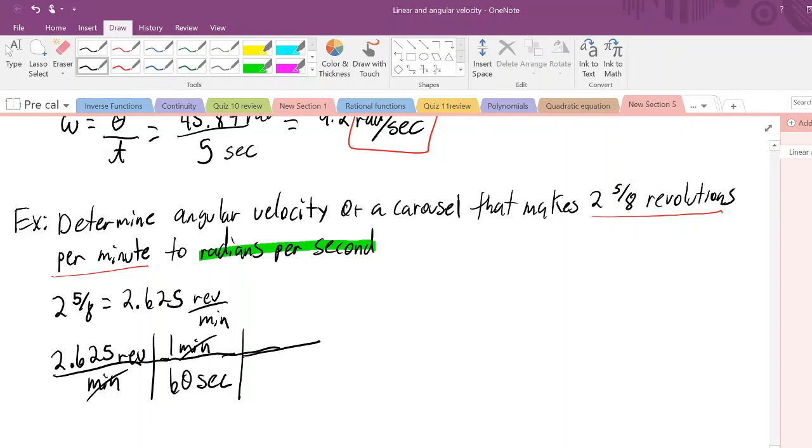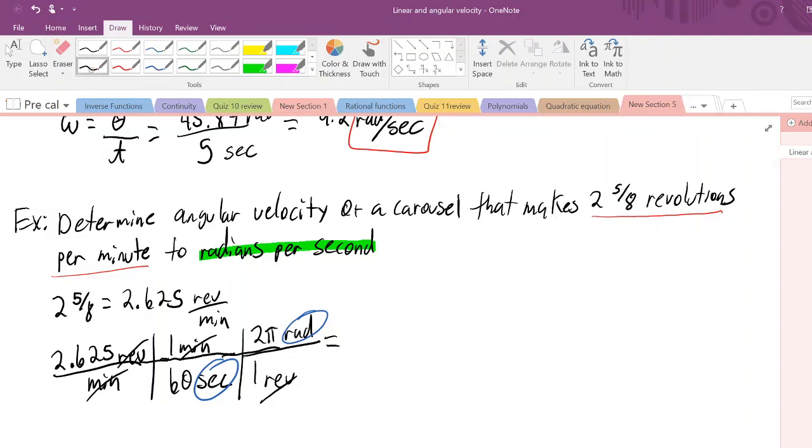But now I need to get rid of my revolutions. 1 revolution is 2 pi radians, right? So that cancels out my revolutions, and I am left with radians per second. I'll plug this in the calculator.